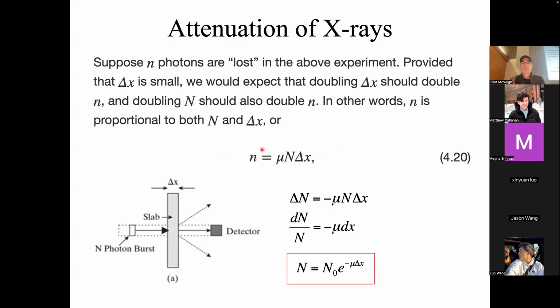And you can derive from a simple first order argument that the change in number, delta n, your first guess would be that it would be linearly proportional to how thick the sample is, right? Kind of makes sense. It's linearly proportional to this thing by definition. And then when you set that equation up, it's like a simple mono exponential.